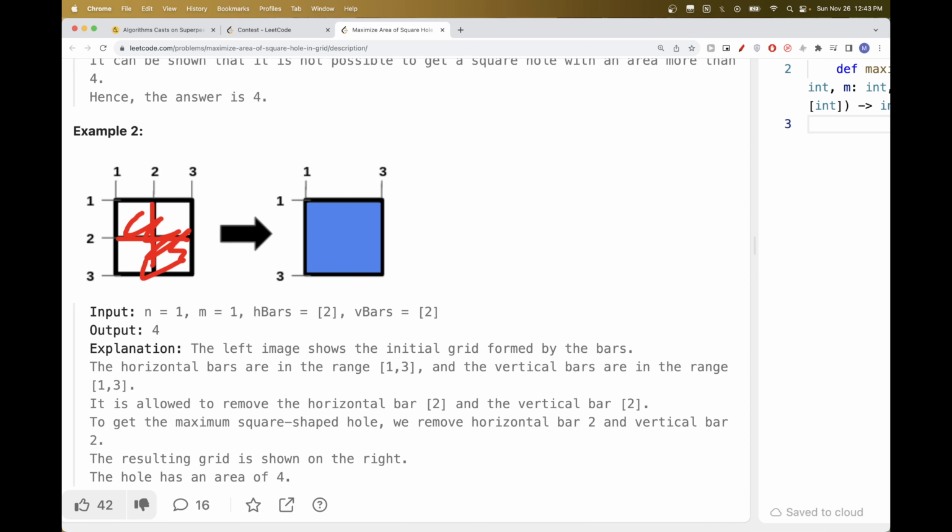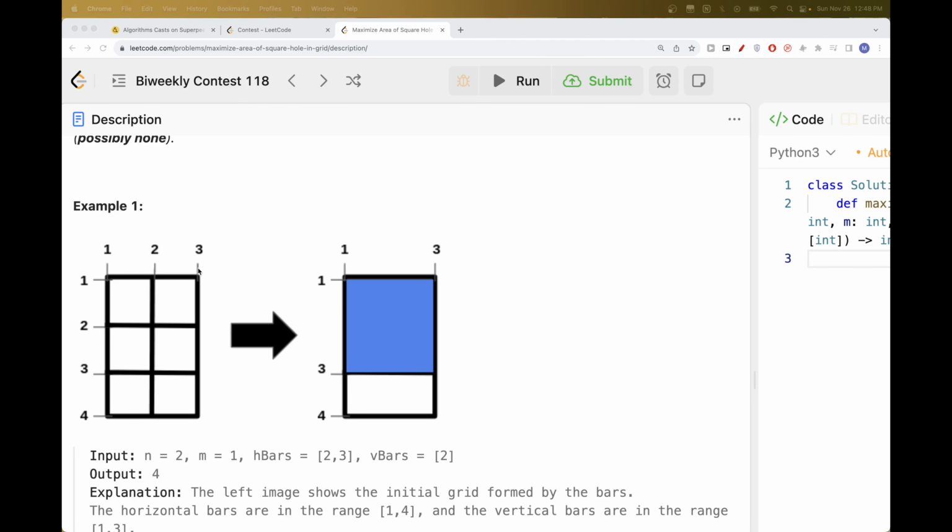Just to go back to one thing you may have missed: why do we remove just this one? Why not remove this one? Well, if we remove the h bar 3, since we are allowed to do it since it's in h bars, then we'll get this entire thing as the whole. But this entire thing is 4 by 3, so it's not a square.